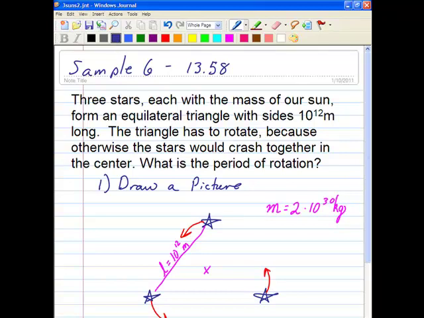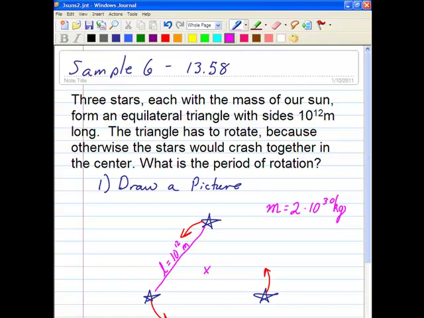So let's draw a free body diagram on the top star. Here's the object, and that object is experiencing a force from each of the suns below it. The lower left sun is going to pull it in this direction, and the lower right sun is going to pull it in this direction.